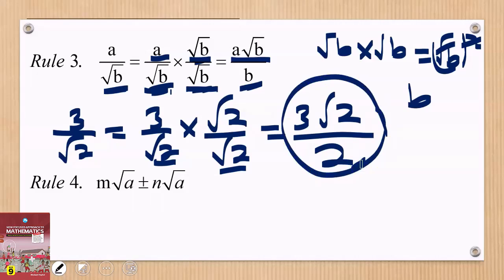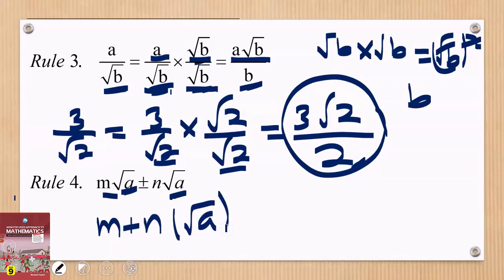Now let's look at rule number 4. Rule number 4 says that if we have m root a plus or minus n root a, since the roots are the same, we can add the coefficients and maintain square root of a. This is what it means. If it is minus, we'll subtract.